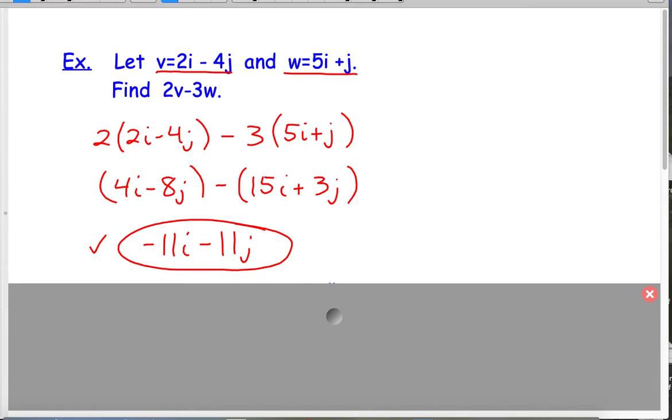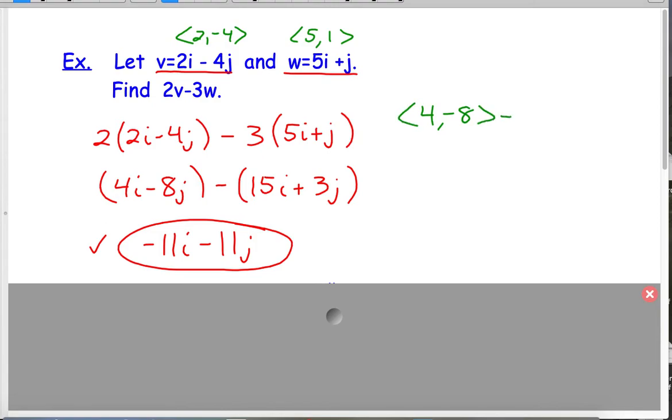On the other hand, somebody could have looked at this and said, well, (2, -4), I could write this way, and 5i plus j, I could write this way. And then 2v is 2 times the green vector, so that's (4, -8).